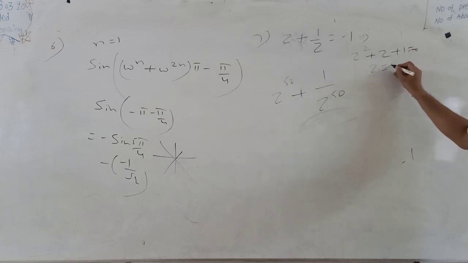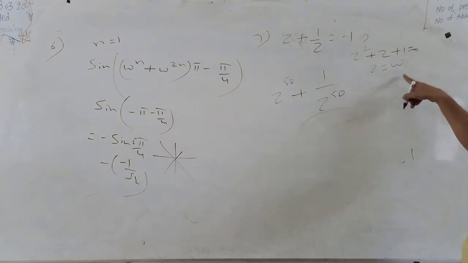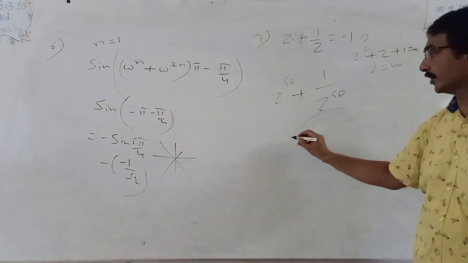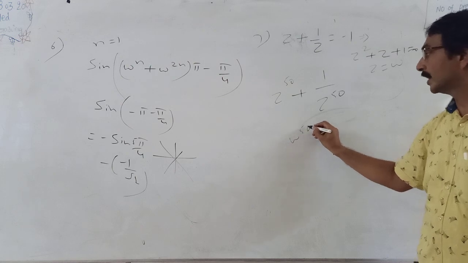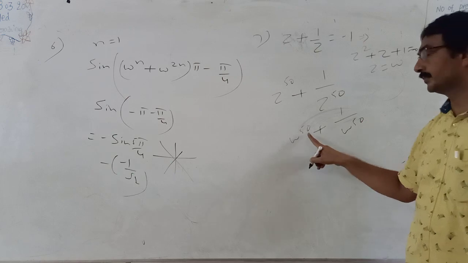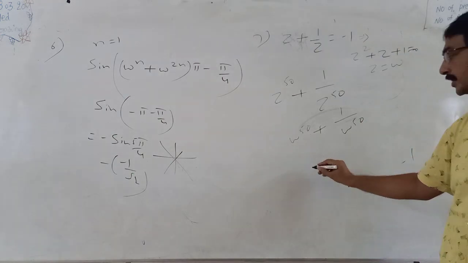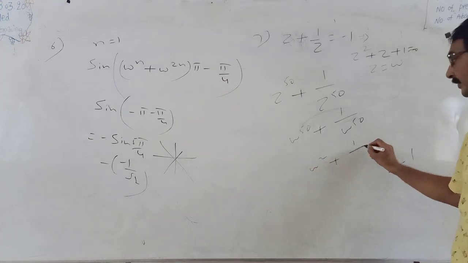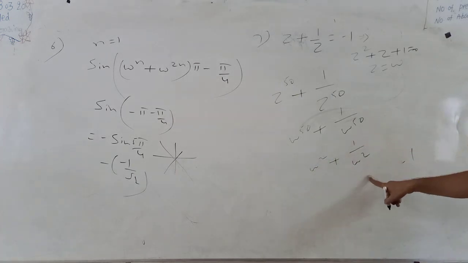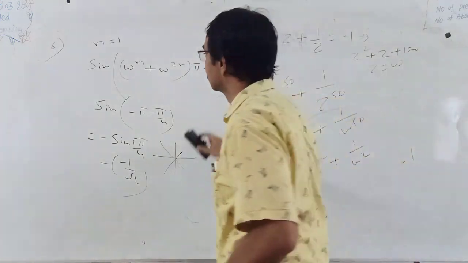So z equal to omega or omega square. We can take in the place of z either omega or omega square. Therefore required omega power 50 plus 1 by omega power 50. Working rule: divide 50 by 3, remainder 2, so omega square. 1 by omega square is omega. Omega square plus omega is minus 1.